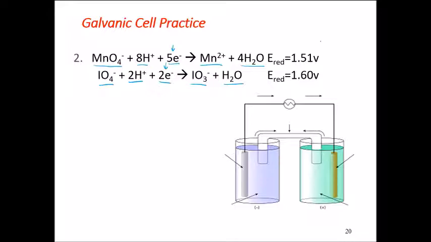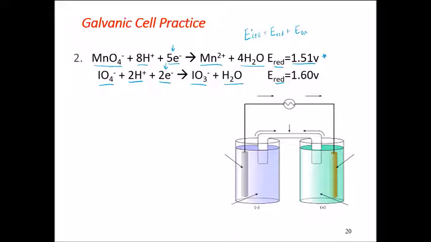Now I'm looking here, both of my reduction potentials. In order to make this a positive E cell, remember, it consists of the reduction plus the E of the oxidation. And I have 1.51 and 1.60 volts here. So I need to flip this one in order to make sure I get a positive number.